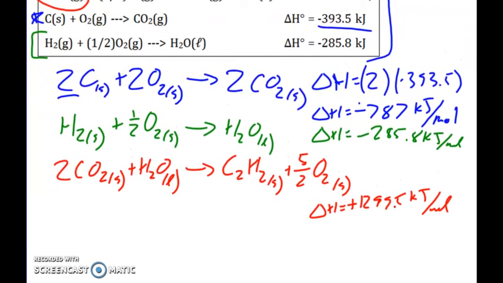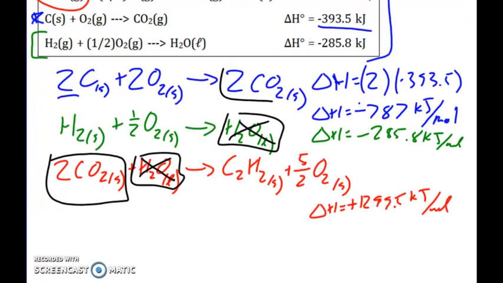So let's see how we did. We've got a water on the left and a water on the right. Let's cross those out. We've got a carbon dioxide on the left and a carbon dioxide on the right. Let's cancel those out. Now we've got 2 oxygens and a half oxygen.